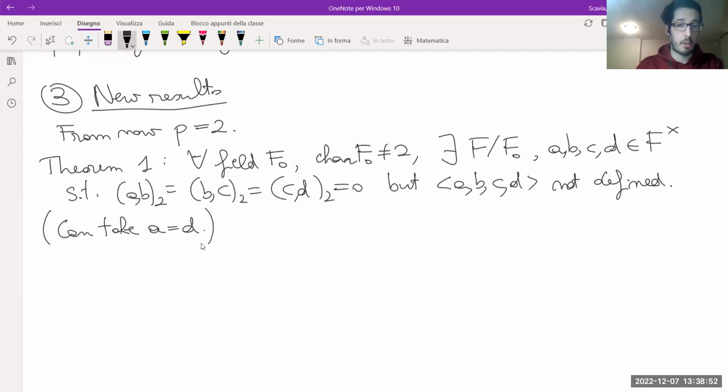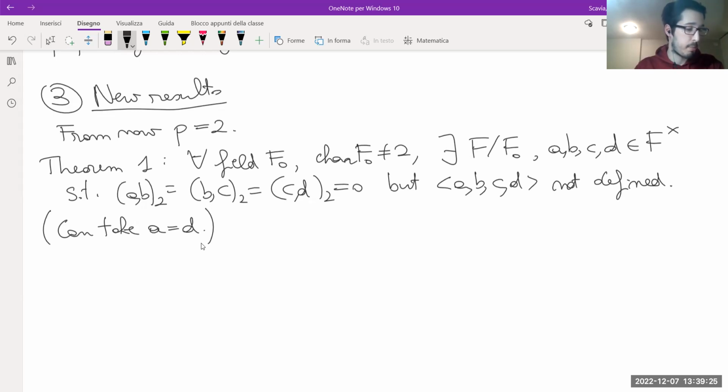In particular, if you take F0 to be an algebraically closed field, for example the complex numbers, then you obtain an example answering Positselski's question, a field containing F0. You can take any algebraically closed field.